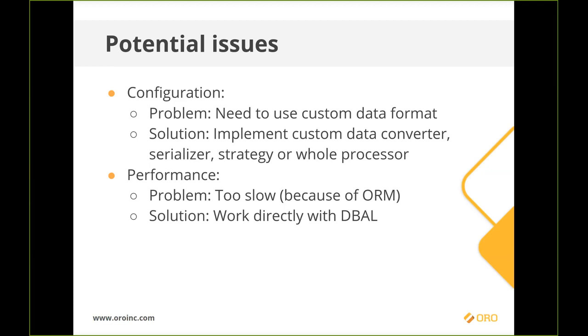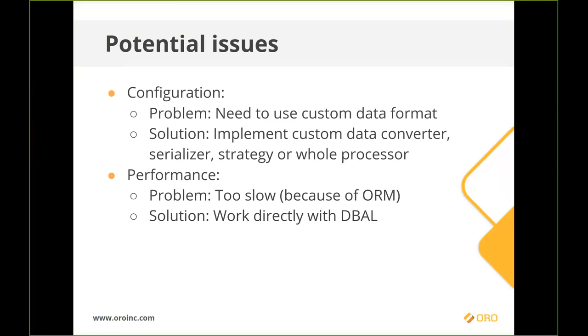So you remember the step has the reader, processor, and the writer. So you can change each of those services separately. So if you change only the processor, the process method will still receive one record from the reader and should just return one record for the writer.